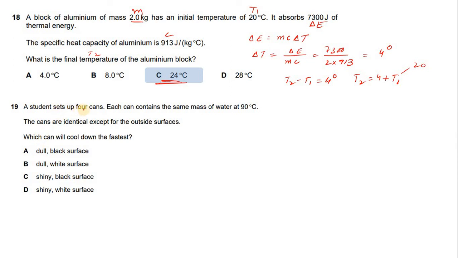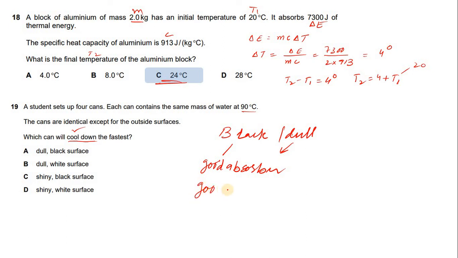A student sets up 4 cans. Each can contains the same mass of water at 90 degrees. The cans are identical except for the outside surface. Which can will cool down the fastest? Cooling down means being a good emitter. So remember, black and dull surfaces are good absorbers and good emitters as well.